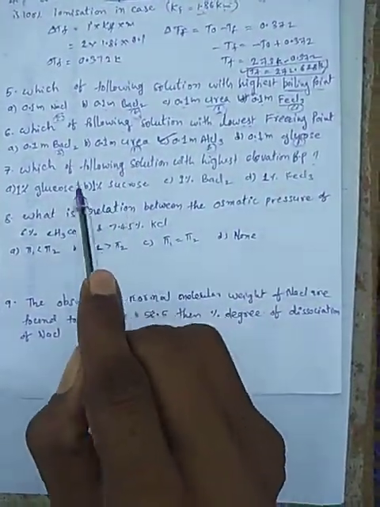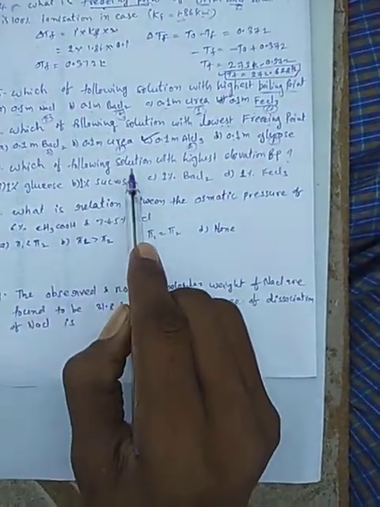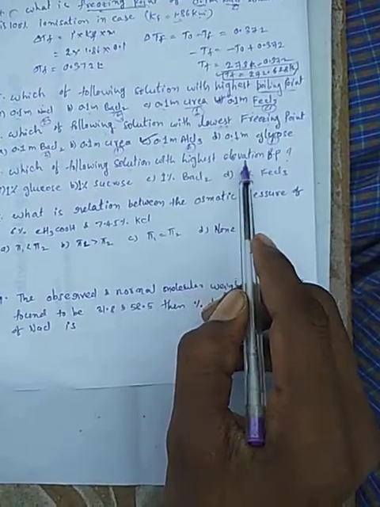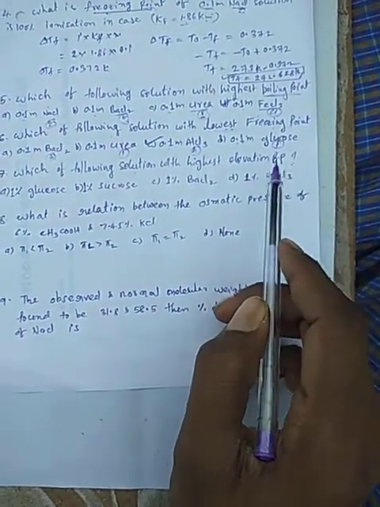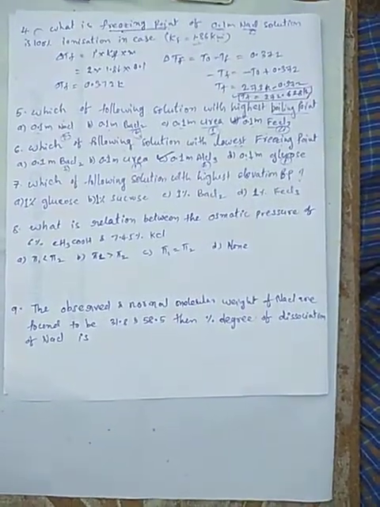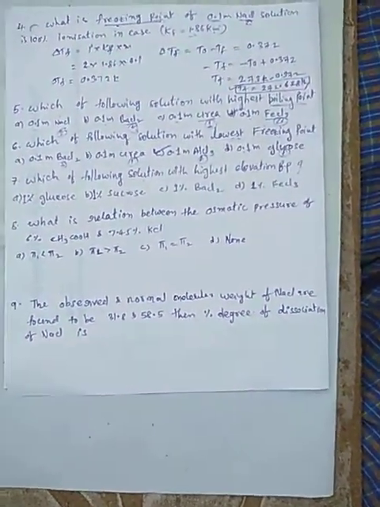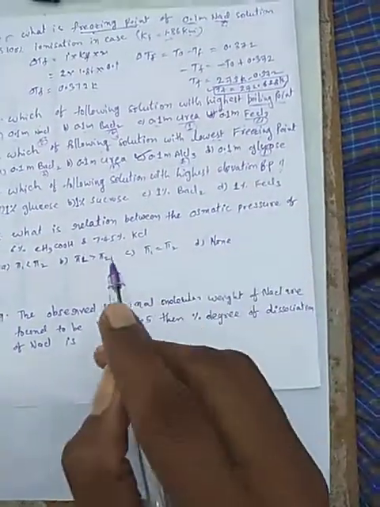Now I'm going to explain the question number 7. Which of the following solutions has the highest elevation boiling point? Highest elevation boiling means number of ions. In this case also, ionization is more, then that is the highest elevation boiling point.